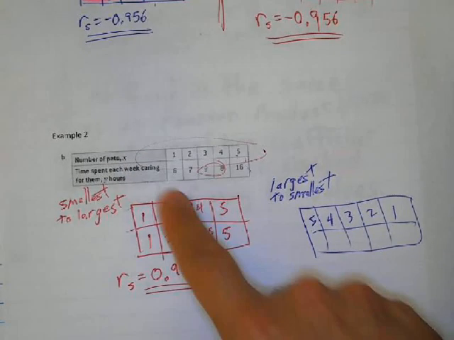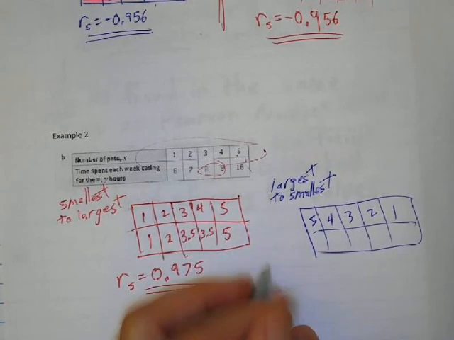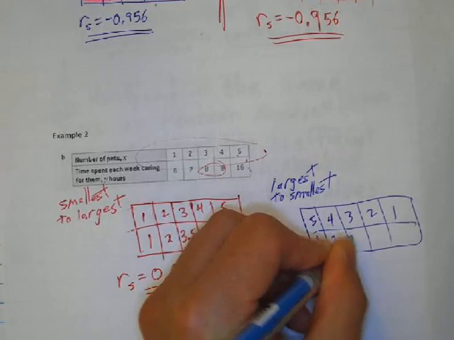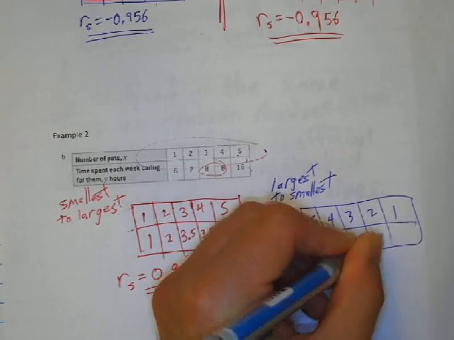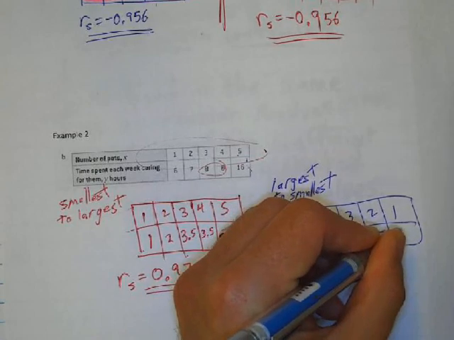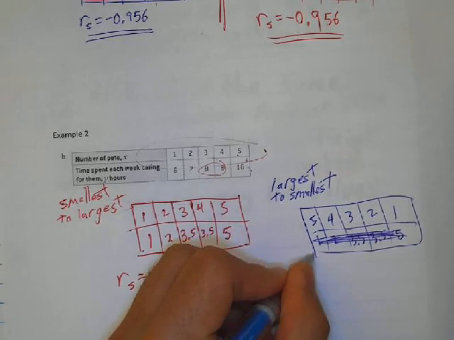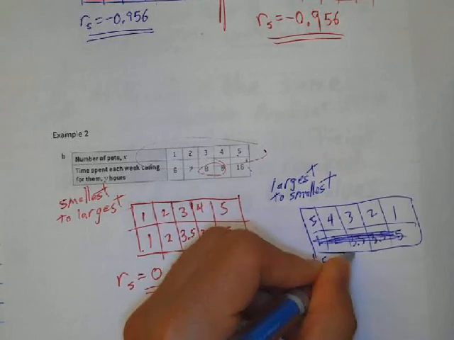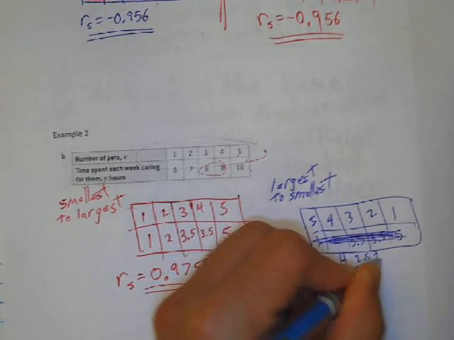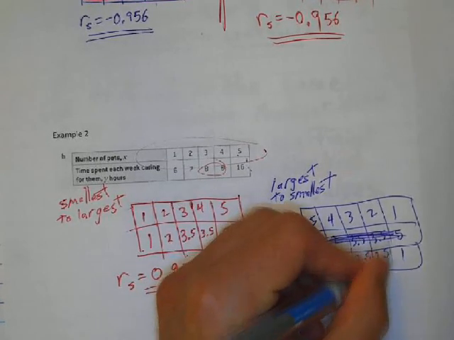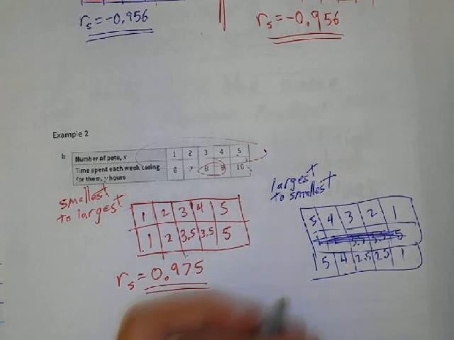This is the smallest, so that would get a 5. No. This would be 5, 4, 2.5, 2.5, and 1. Okay. Oops. I hope that didn't confuse you. Anyways, you would still get the same RS value of 0.975.